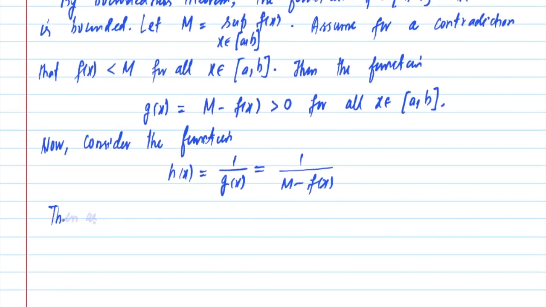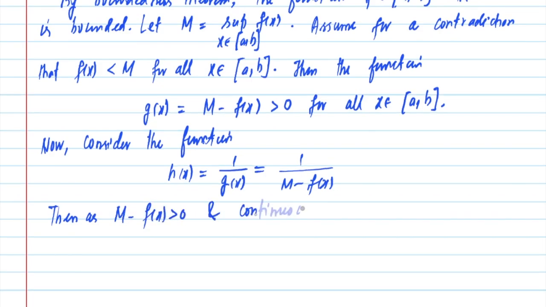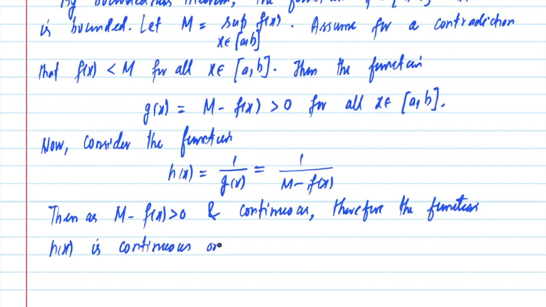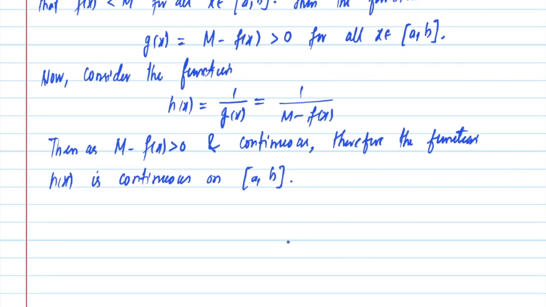As M minus f(x) is greater than 0 and continuous, the function h(x) is continuous on the closed interval [a, b]. So when this function is continuous on the closed interval [a, b], it must also be bounded on the closed interval [a, b].